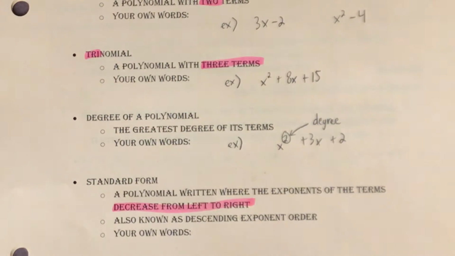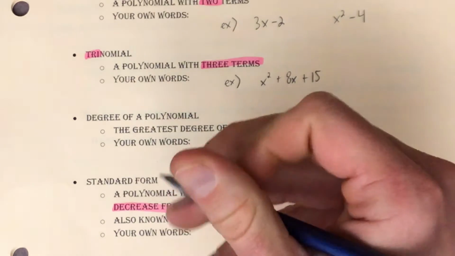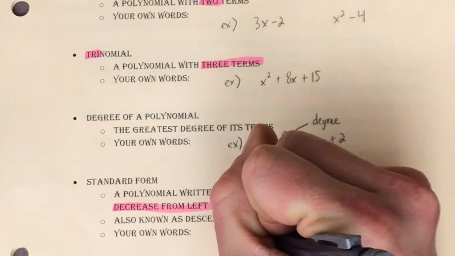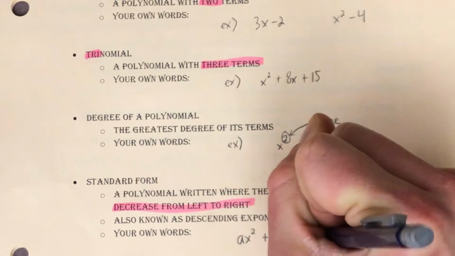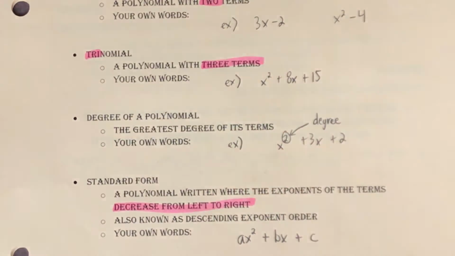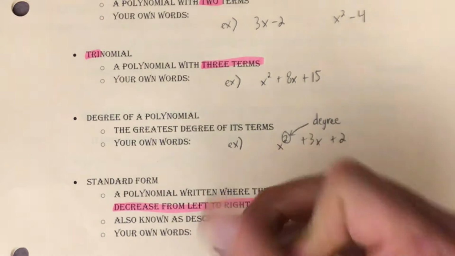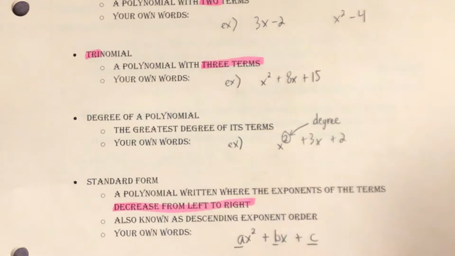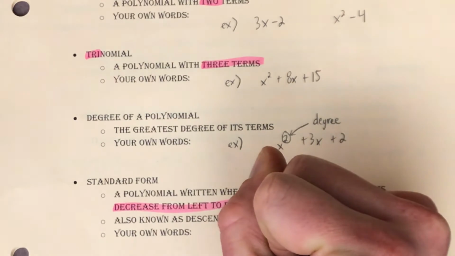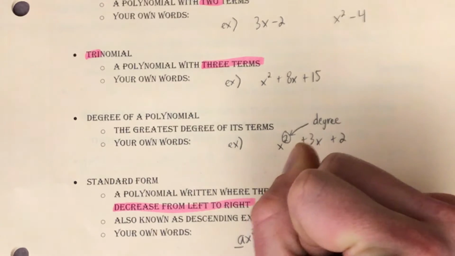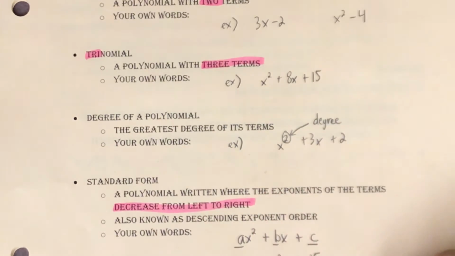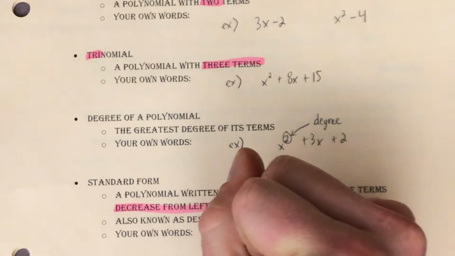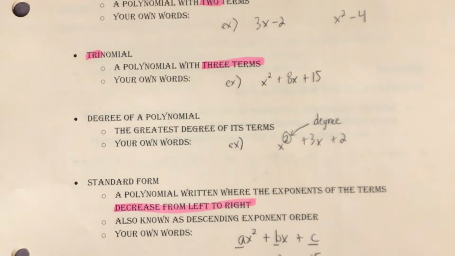So an example of this, what you're going to normally see is something like this. Ax squared plus bx plus c, that's known as standard form. But A, B, and C are just placeholders for numbers, so let's do one with a number. We'd say something like x squared plus 8x plus 15. That would be an example of a polynomial written in standard form.